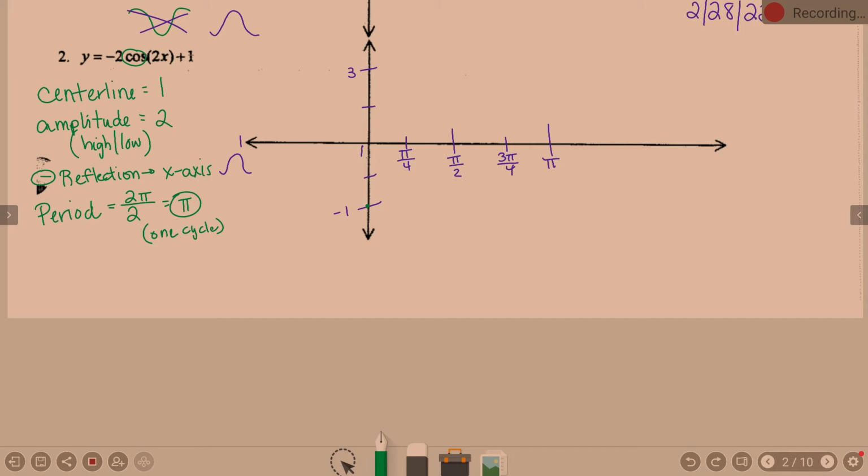Now, I think in terms of quarters. So I'm starting here at a minimum. Then the first quarter of the way through, I'm going to cross through the x-axis. Halfway through the graph, there's going to be a max, and that max is at the height of 3. The next quarter of the way, I'm going to cross through again.